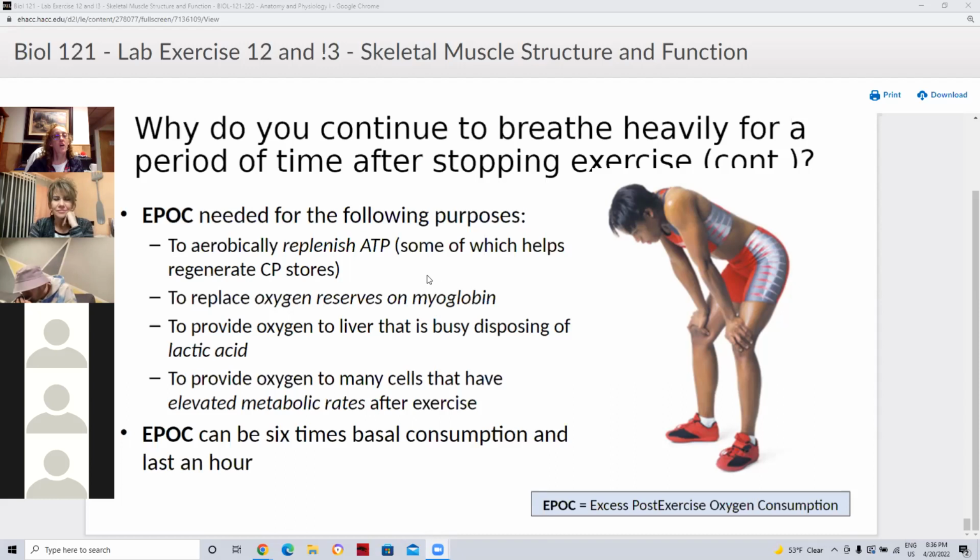To replay, EPOC is going to replace oxygen reserves on the myoglobin. So replenish ATP, replenish creatine phosphate stores, replenish the reserves on the myoglobin. And deliver oxygen to the liver that's busy trying to get rid of the lactic acid that you've built up.